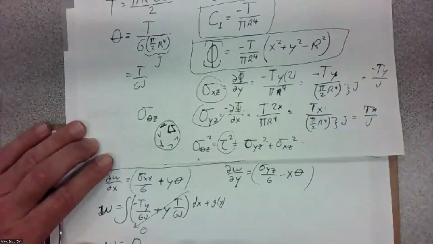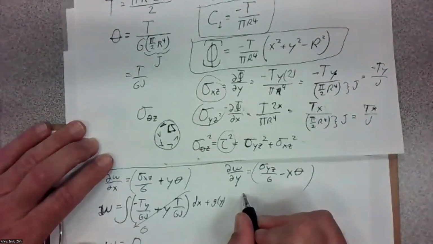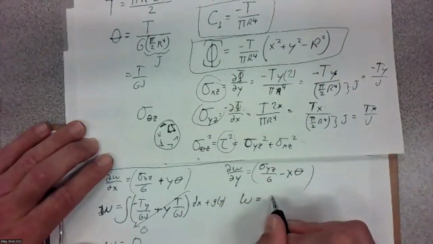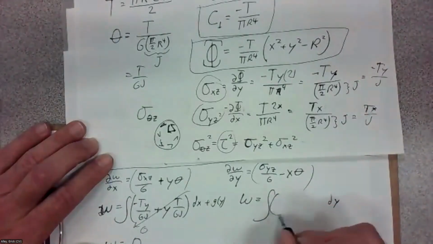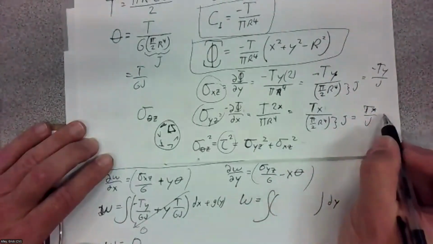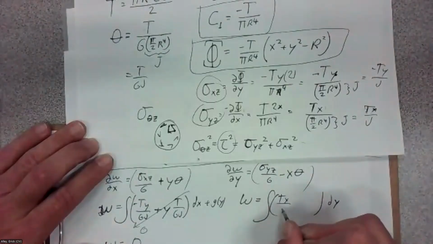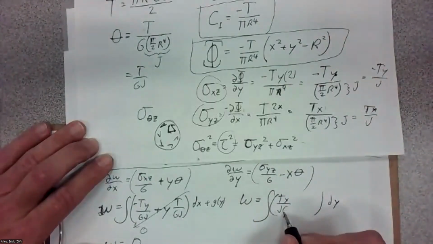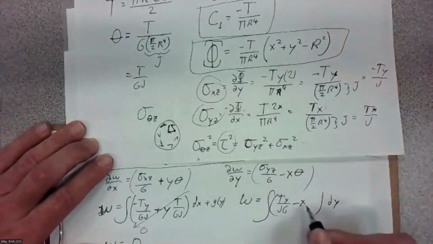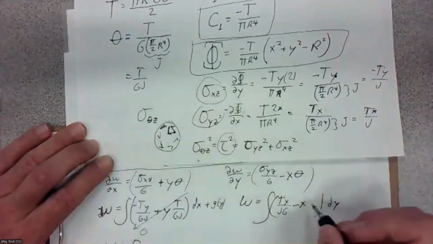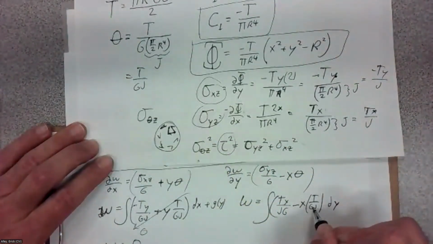I can't see an integral with y only, but we can see it over here. So if we try over here with a dy, let's see what we got. Sigma yz is going to be tx over J, and it's divided by G. And then I got minus x times theta, which is T over GJ.